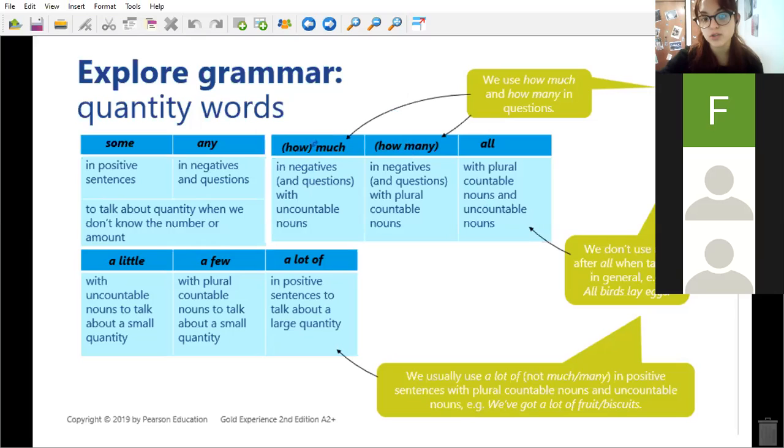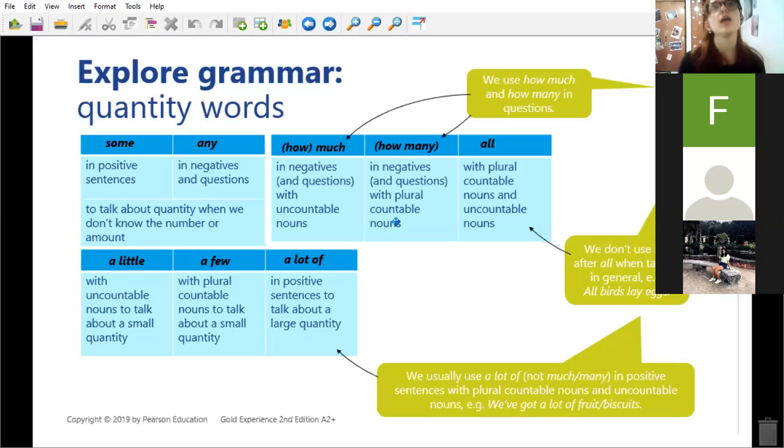What about this? Do you know the difference between how much and how many? First, both of them are used to make questions or negative sentences. So if I say, how much milk do we have left? As opposed to how many books are on the table, we use how much with uncountable nouns and how many with plural countable nouns, right?